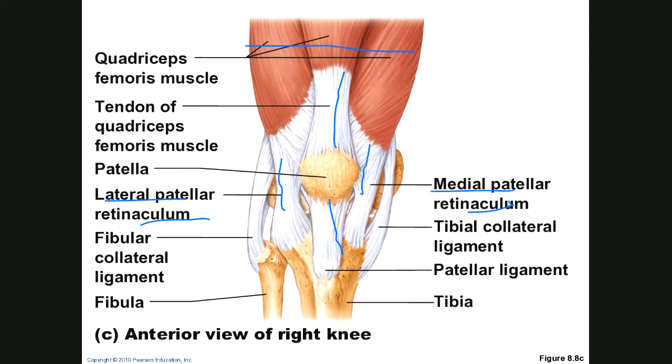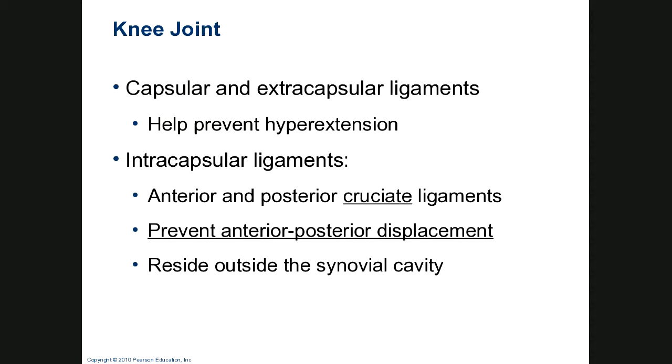This is the fibular collateral ligament, can also be called the lateral collateral ligament because the fibula is always lateral. This is the tibial collateral ligament here. It can also be called the medial collateral ligament. Okay, slide, there we go.